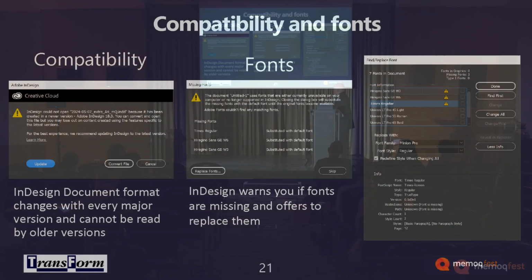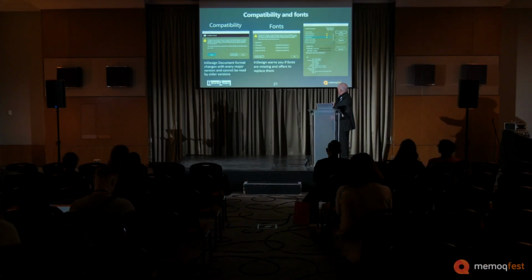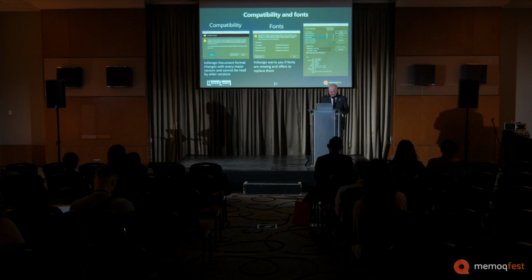These are just the error messages that you'll get in InDesign if you have a version problem. If you have a font problem, the font information is very, very comprehensive, very useful.